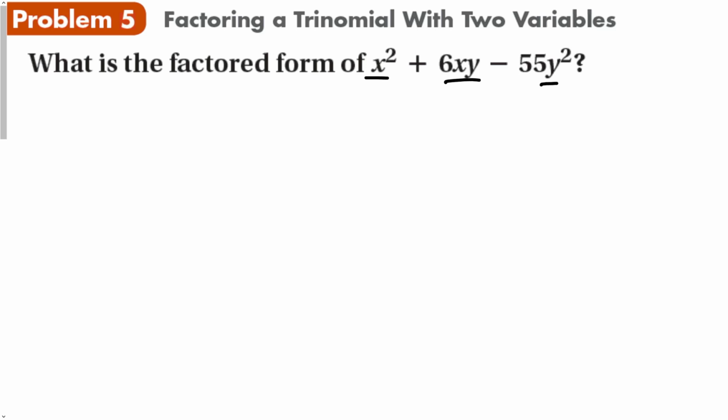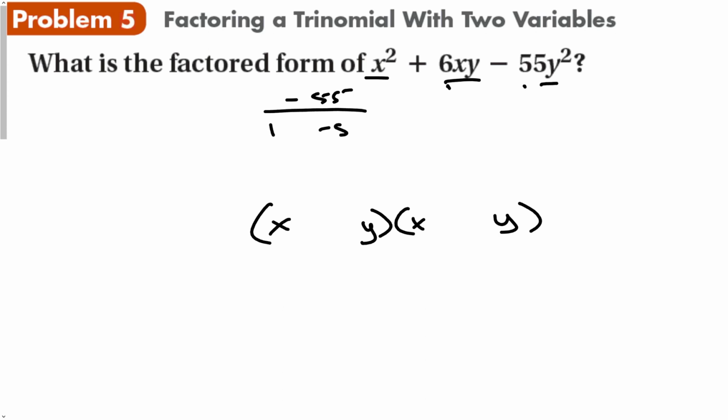And now when I do factor this, I'm going to use the same method, except that when I write my answer, the first terms are going to have an x, the second terms are going to have a y. Okay? But now we need the numbers. So we need the two numbers that multiply to negative 55, and when I put them together, I get a positive 6, which means the bigger number is positive.